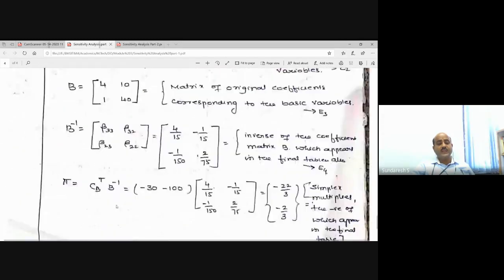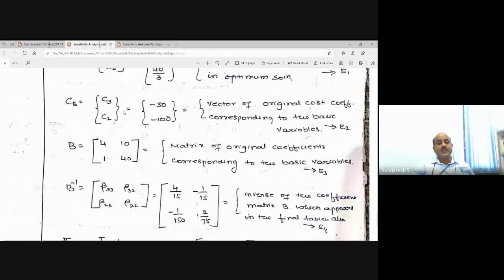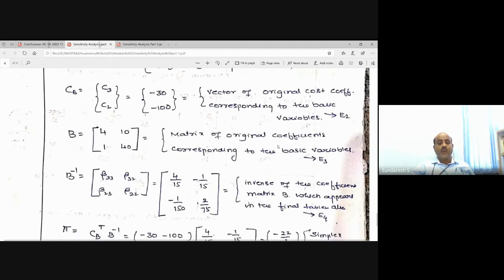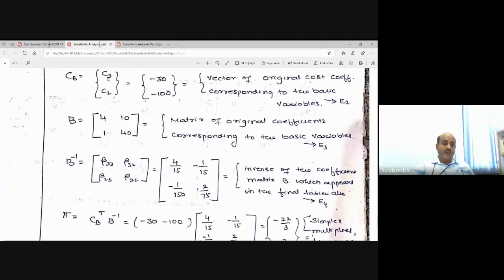So CB corresponds to C3 and C2, where C3 is minus 30 and C2 is minus 100. That's why it is the vector of original cost coefficients corresponding to the basic variables.